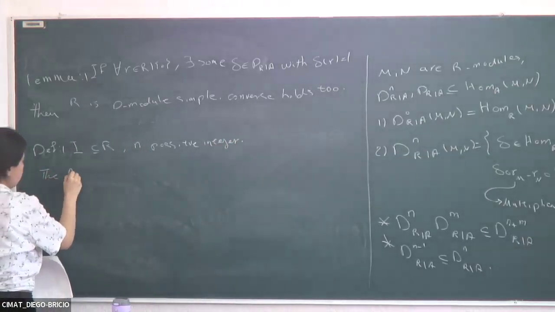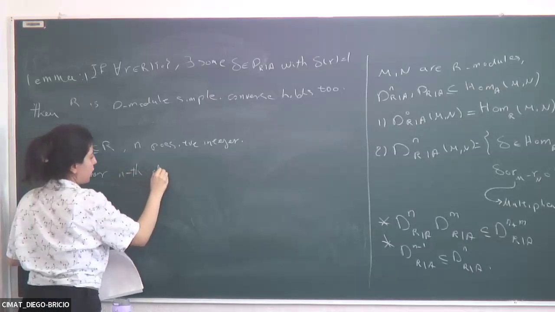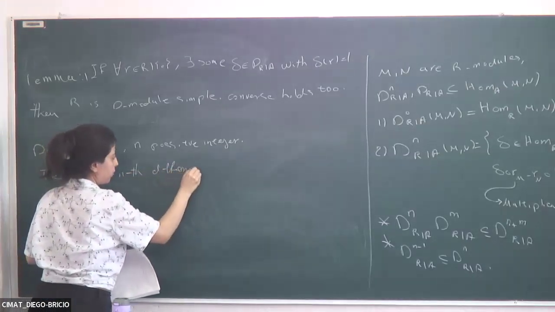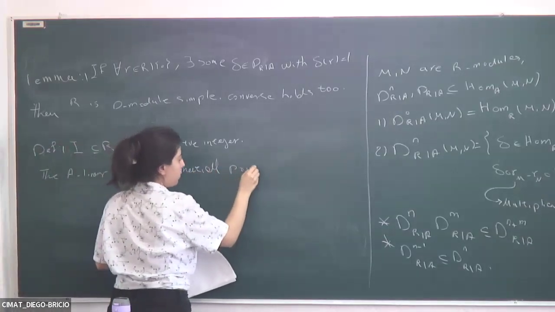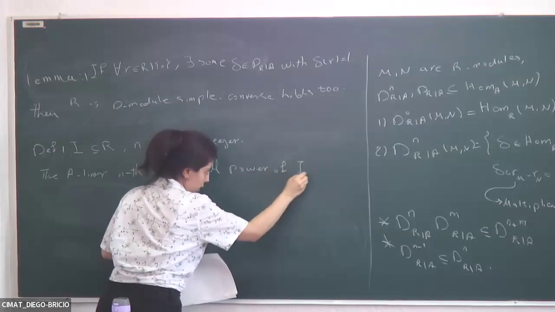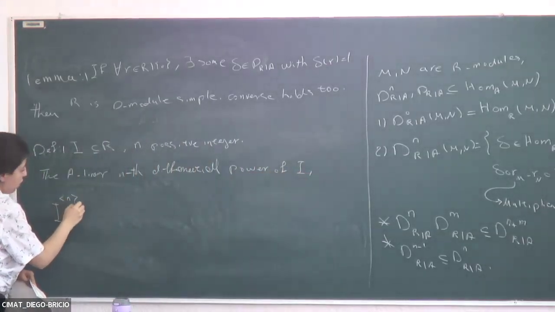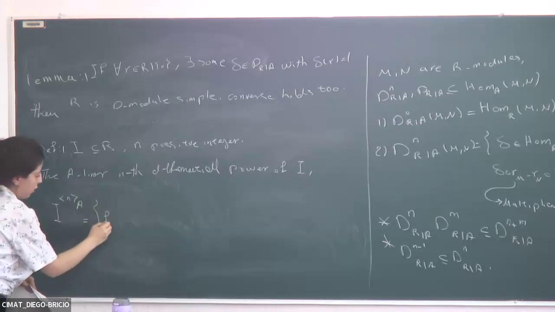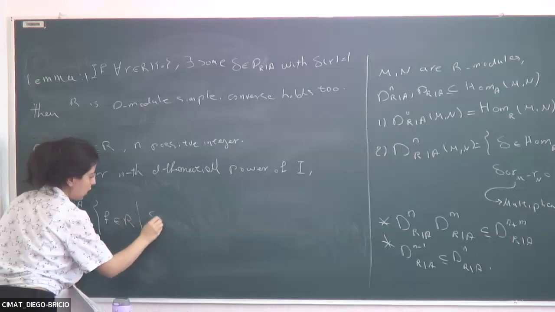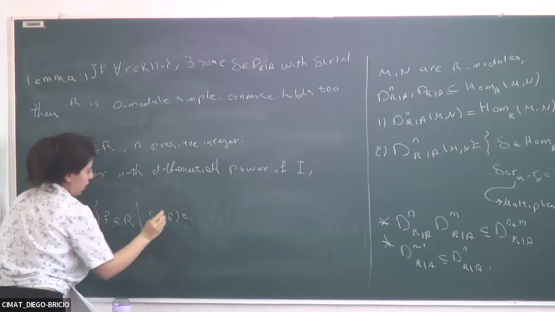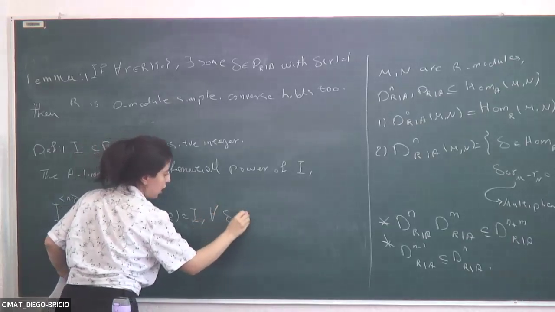The A-linear differential power of I we define as follows: I to the n over R is equal to the set of f in R such that delta of f is in I for every delta in D n.